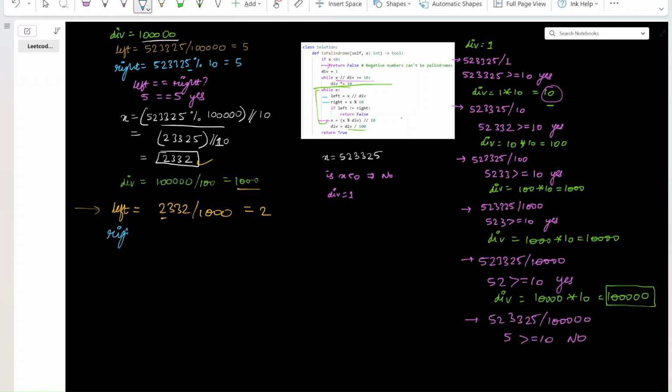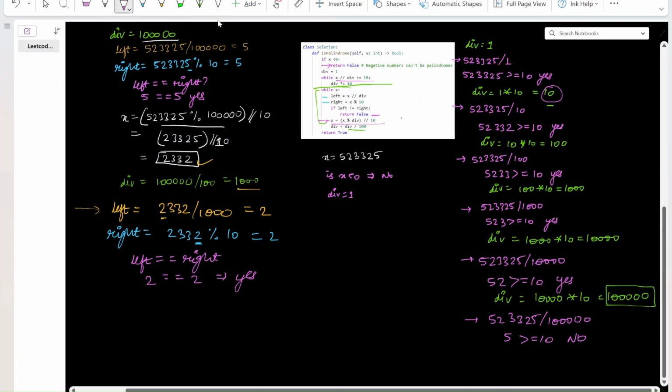So right is equal to again our x, which is 2332 % 10. That will be equal to 2, which is this value. Now we check whether our left is equal to right. So our left is 2. Is it equal to 2, which is coming from right? Yes. So we don't have to enter this false condition, and we now update our x.